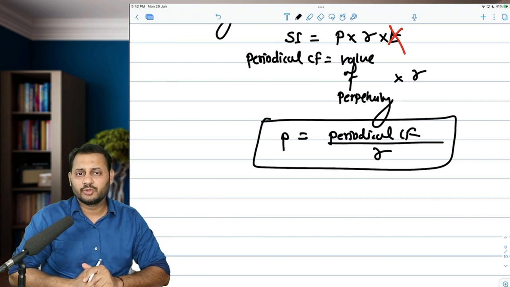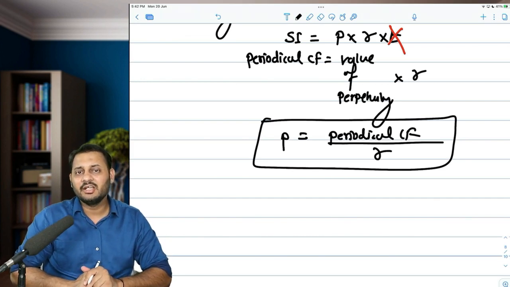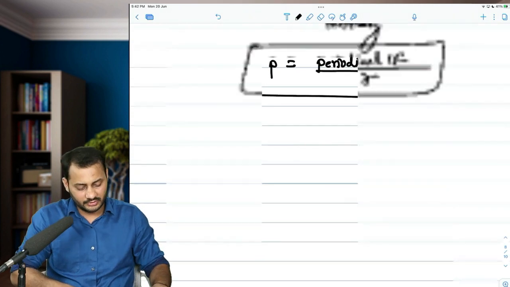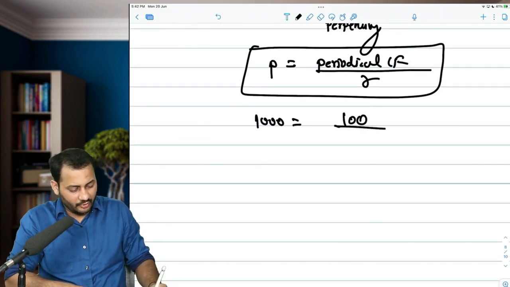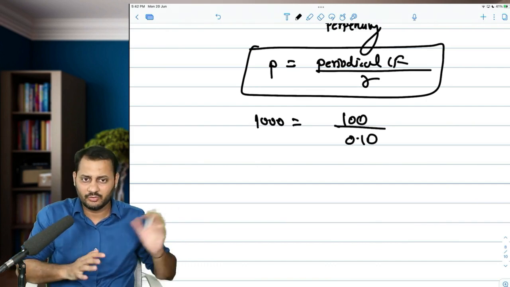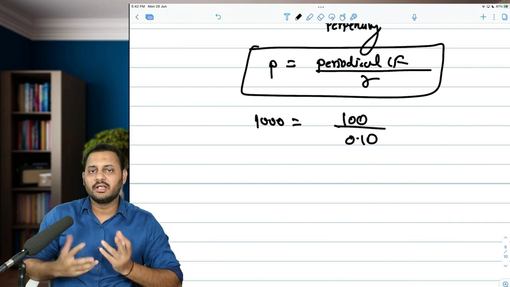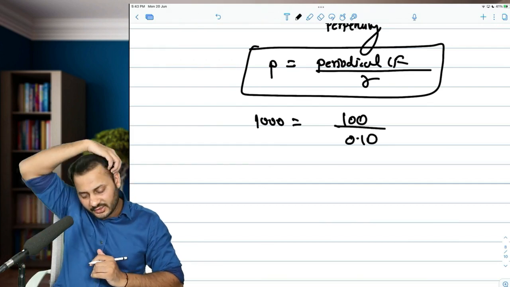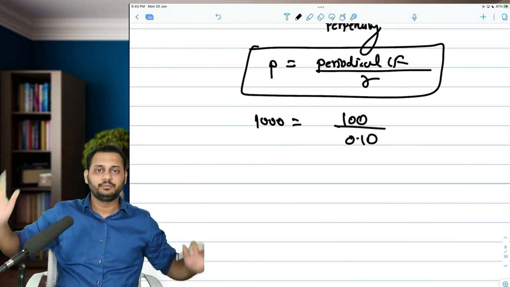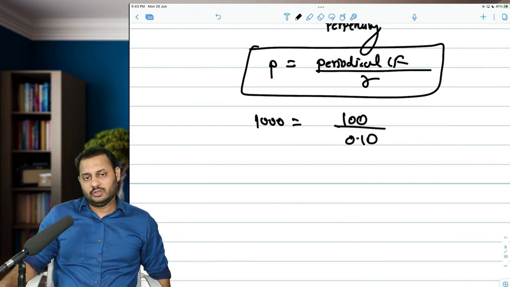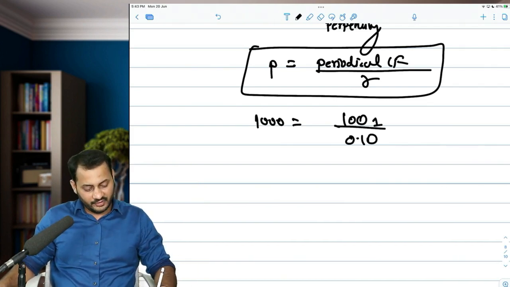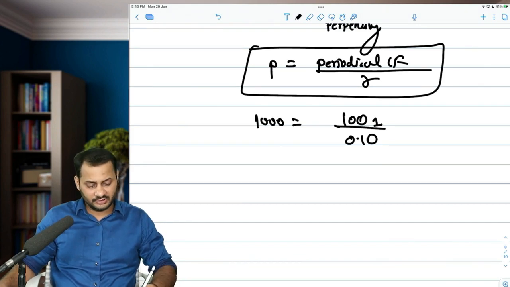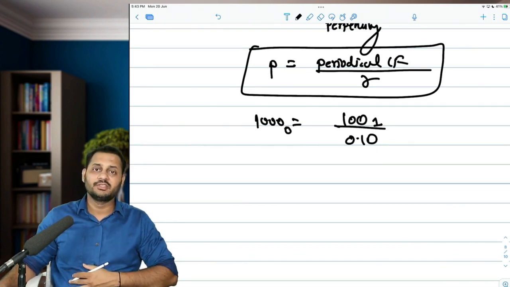But most students make mistakes in understanding the timing of the two cash flows. See, 1000 rupees invested today will give you 100 rupees at 10% rate of interest. If you do the calculation on the right hand side, you will get the figure on the left hand side, hence proved. But this 100 rupees is received at the end of the first year if you invest 1000 rupees at time 0.